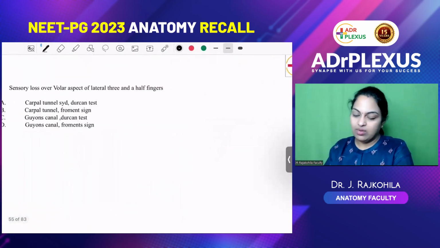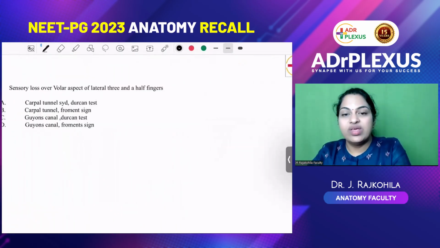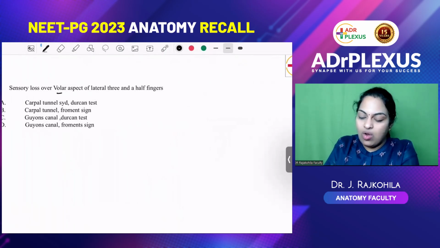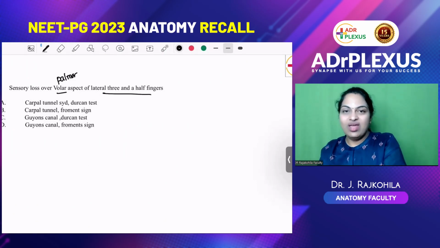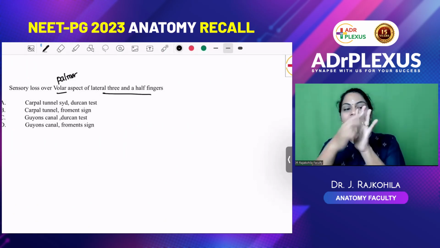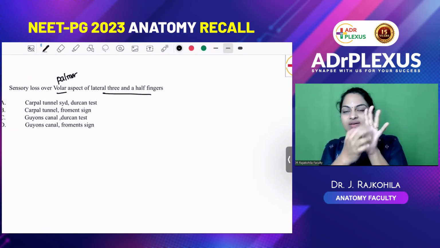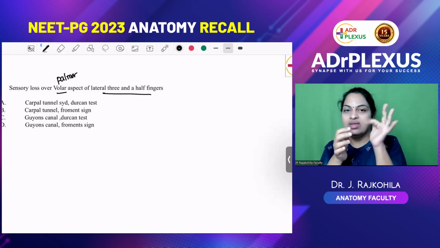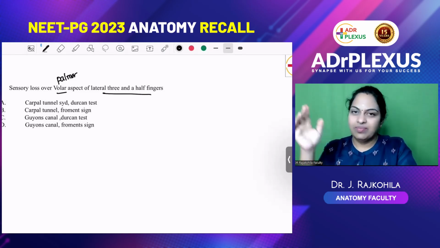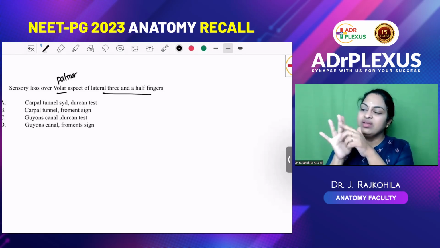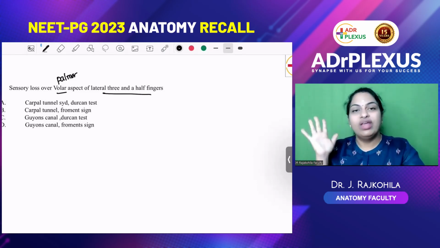You would have written it in the workbook and been asked repeatedly also. Now coming to the next question: sensory loss over the palmar aspect of the lateral 3.5 fingers, okay? So palmar aspect, lateral 3.5 fingers: the thumb, the index finger, the middle finger and the lateral half of your ring finger.